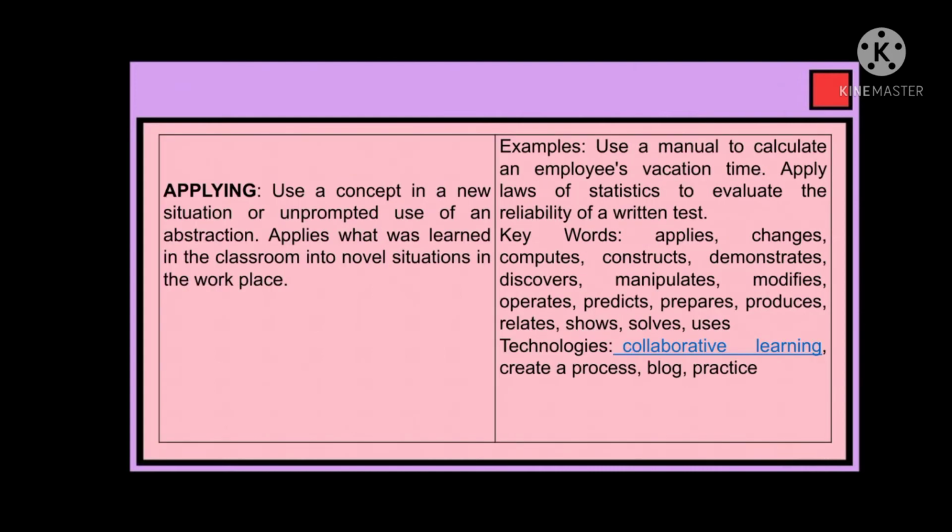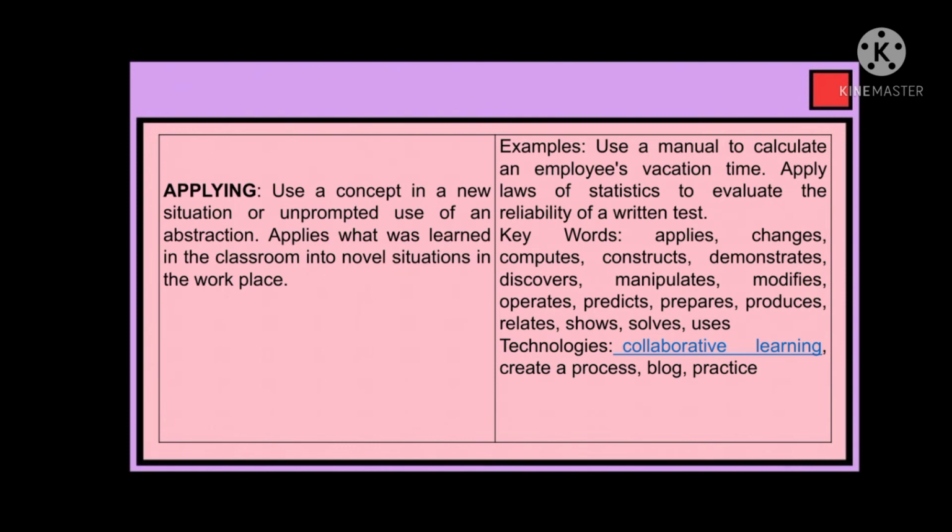The third one is applying. It is using a concept in a new situation or unprompted use of an abstraction. Applies what was learned in the classroom into novel situations in the workplace. For example, use a manual to calculate an employee's vacation time, or apply laws of statistics to evaluate the reliability of a written test.